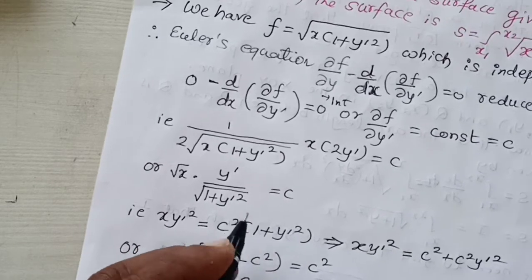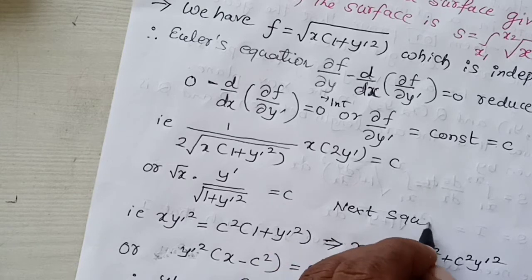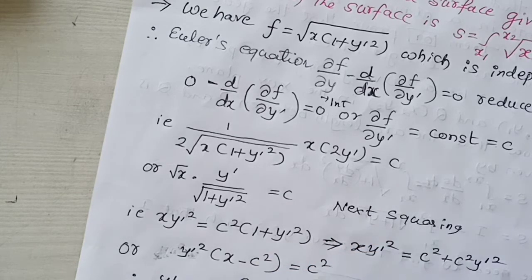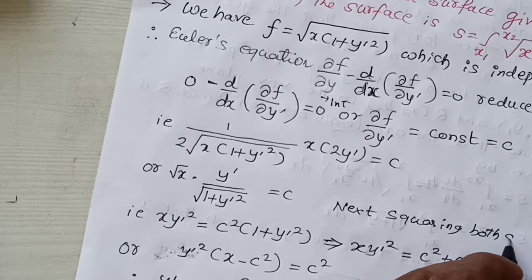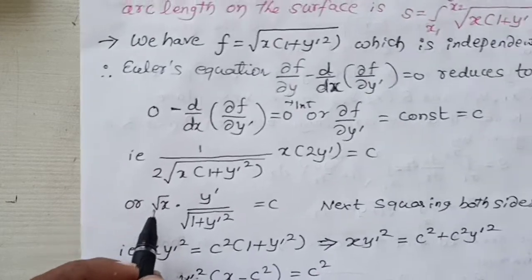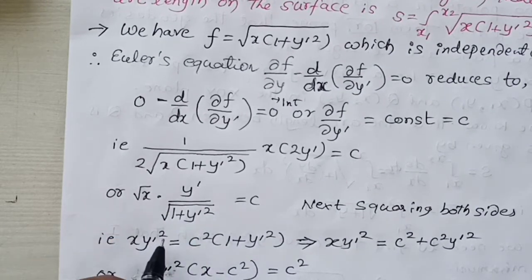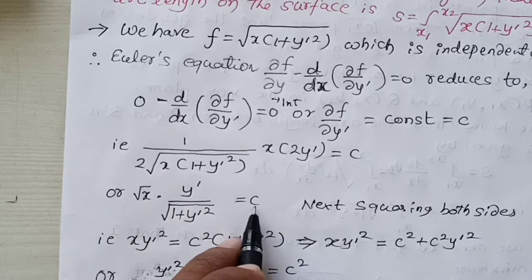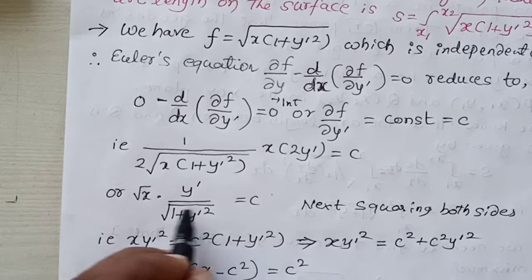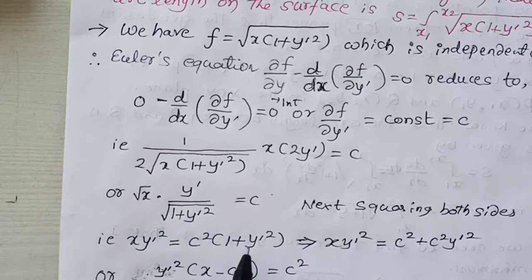Next, squaring both sides. Root x the whole square is x, so x y dash square on this side, and c square on the other side, and the square root of 1 plus y dash square becomes 1 plus y dash square.